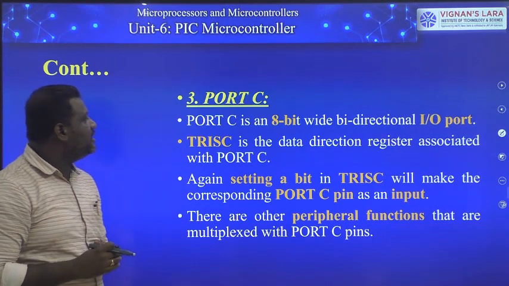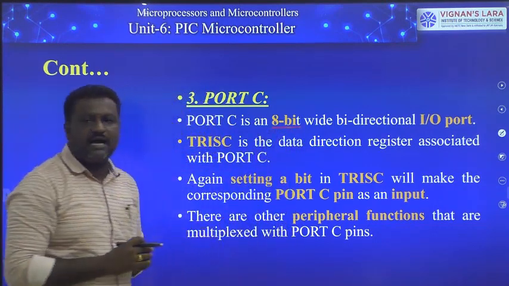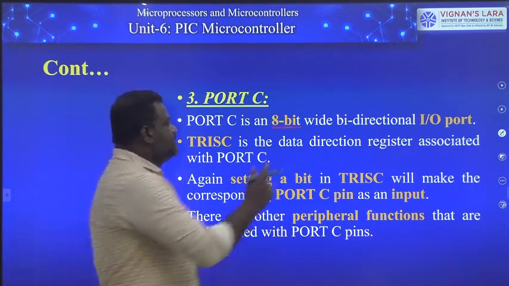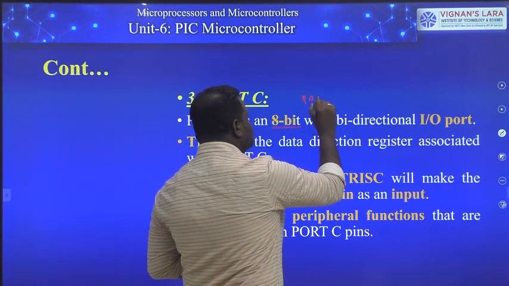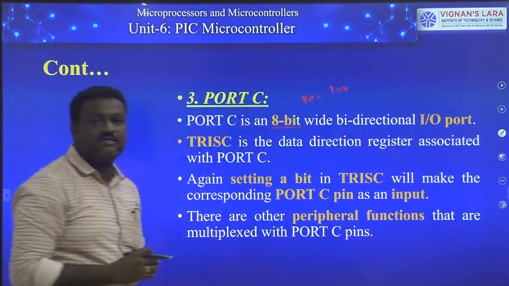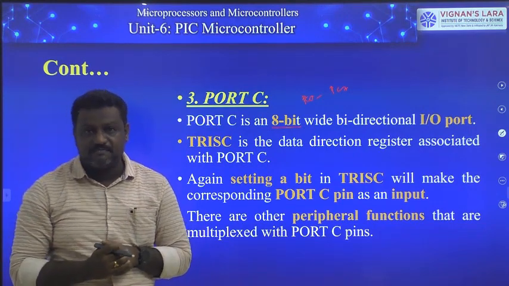And coming to port C, port C size is also 8-bit, so it is also an 8-bit I/O port. That means again 8 I/O pins, that is RC0 to RC7. This port C is used for the connection of input and output devices.